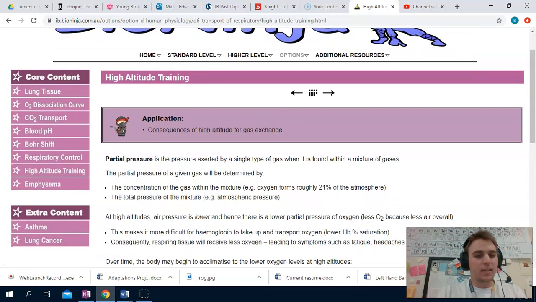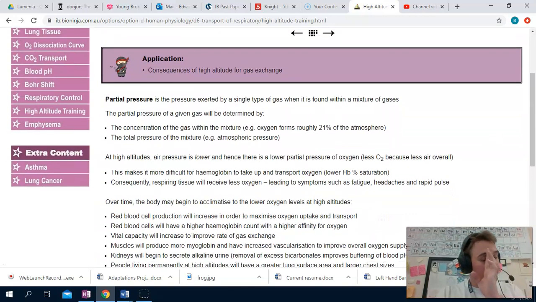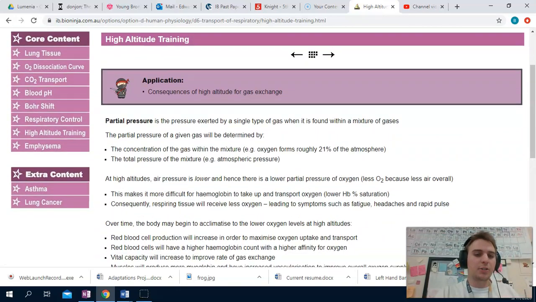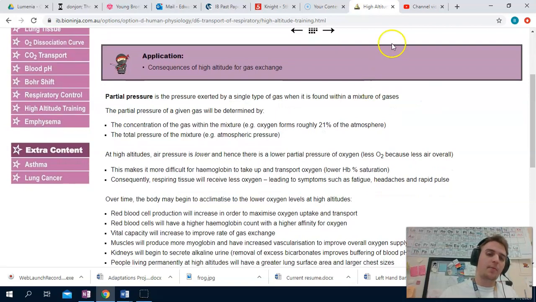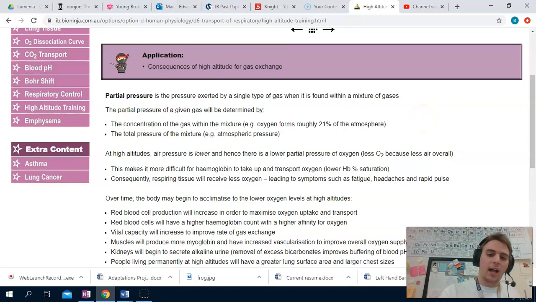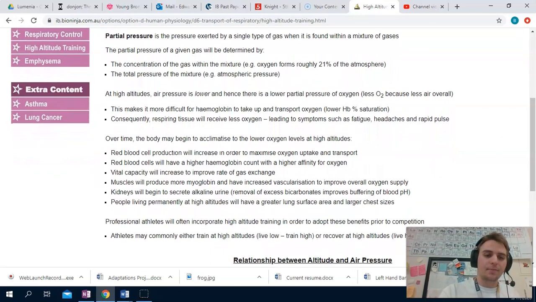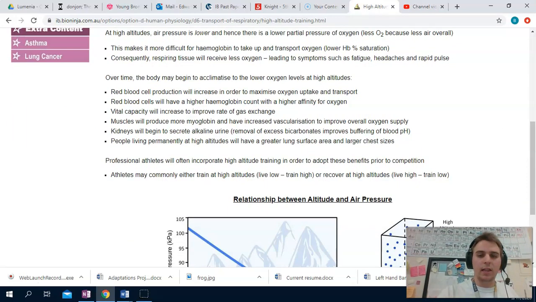Now this is a specific application of all this: the idea of high altitude training. So we need to talk about the consequences of high altitude for gas exchange. At high altitude, pressure is a lot lower. Okay, the overall air pressure is going to be a lot lower. So there's a lower partial pressure of oxygen.